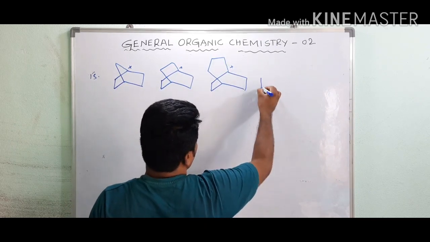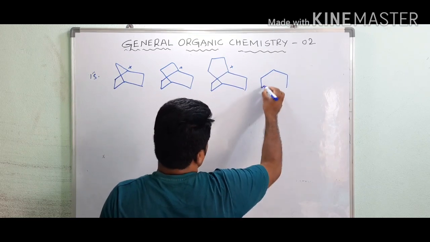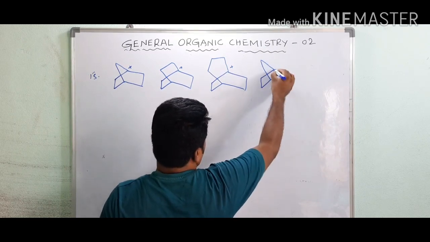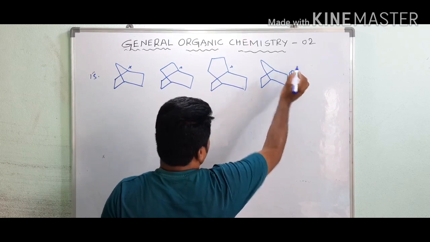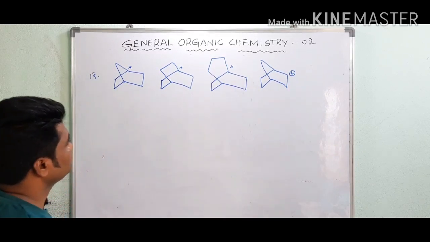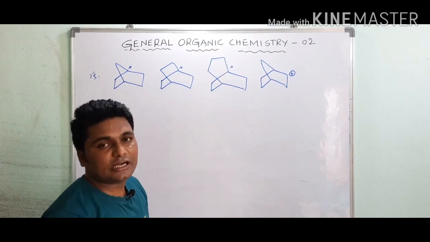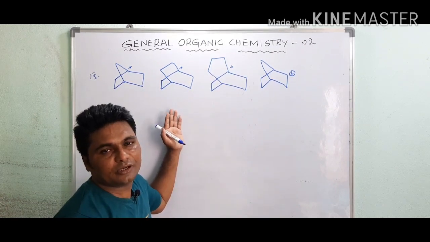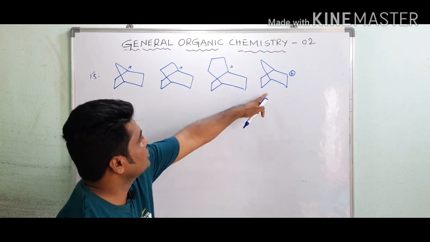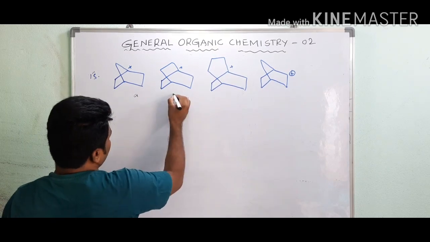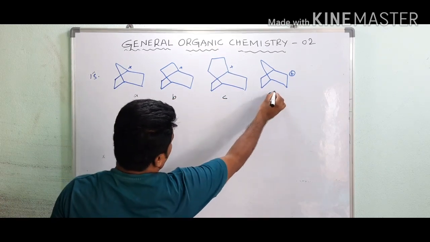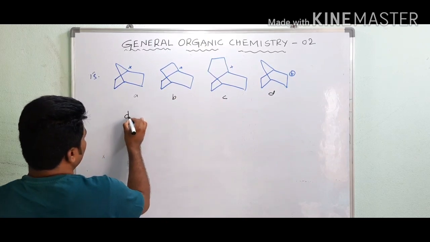Bridgehead carbon atom. Now very simple. Now this is a positive charge. So which one is more stable? See, all are bridgehead carbon atoms. So a positive charge at a bridgehead carbon atom is highly unstable according to Bredt's rule. So this is more stable. So A, B, C, D. So D is more stable.